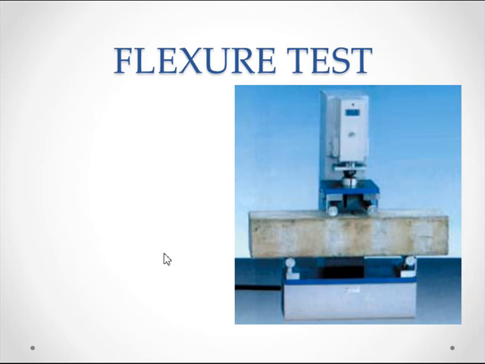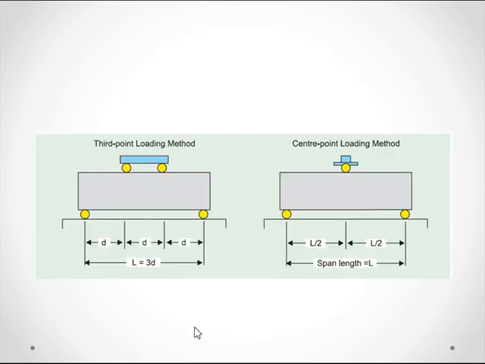One is 150 mm by 150 mm by 700 mm length. Another one is 100 mm by 100 mm by 500 mm length. The flexural strength is done by central point loading or 2-point loading system like this.